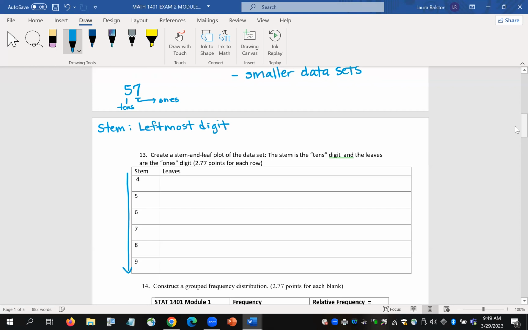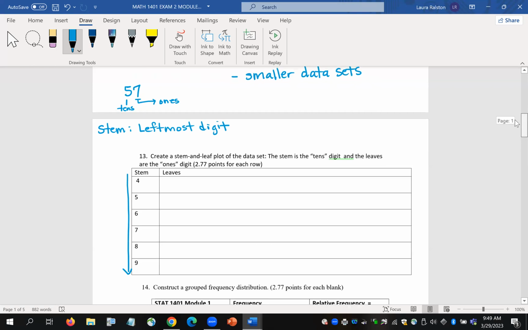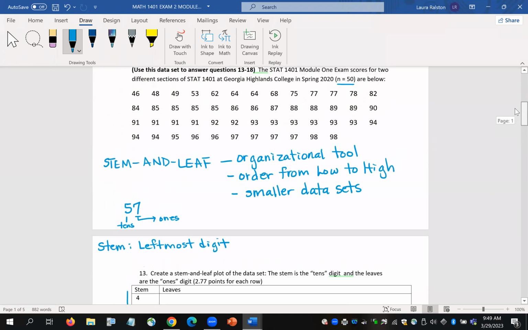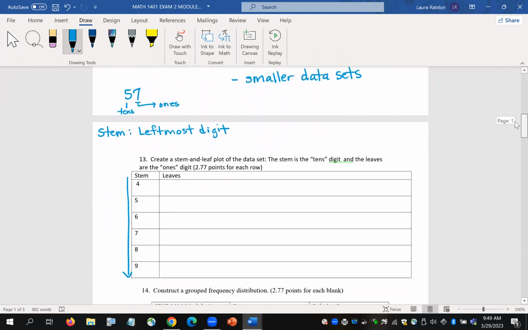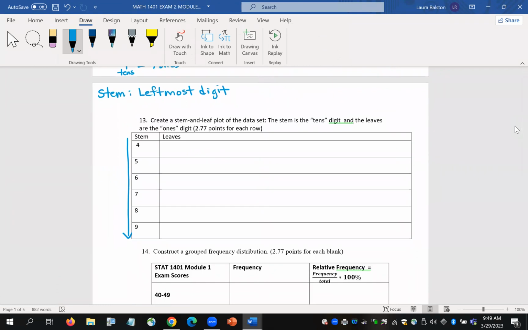In this case, the lowest value in my data set was 46, and the highest is 98. So I have values in the 40s, the 50s, the 60s, the 70s, the 80s, and the 90s. So I've listed the stems 4, 5, 6, 7, 8, 9, and the stem is the tens digit of each one of the numbers.